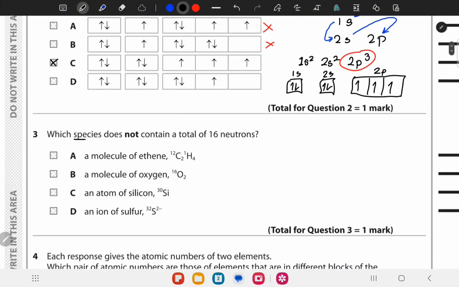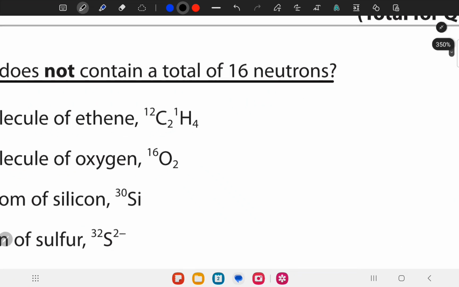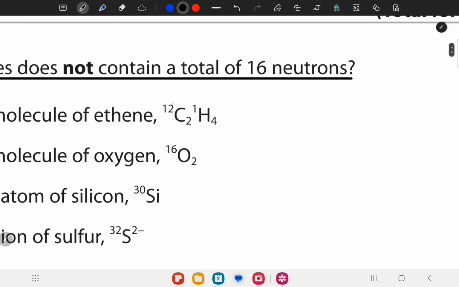Now we need which species does not contain a total of 16 electrons. If we count, we have 12C2. So carbon has 6 and hydrogen is 1 over here. So the number of electrons would be 6 for carbon.